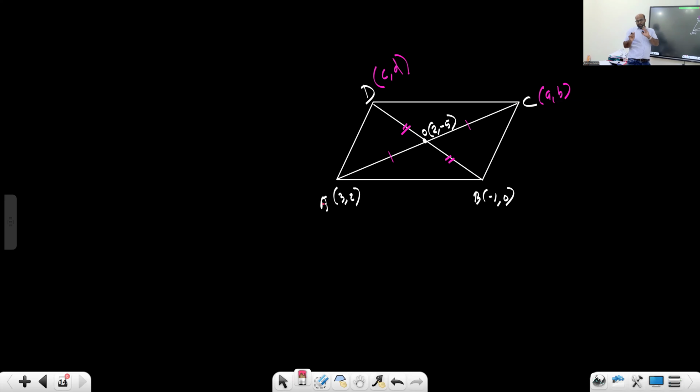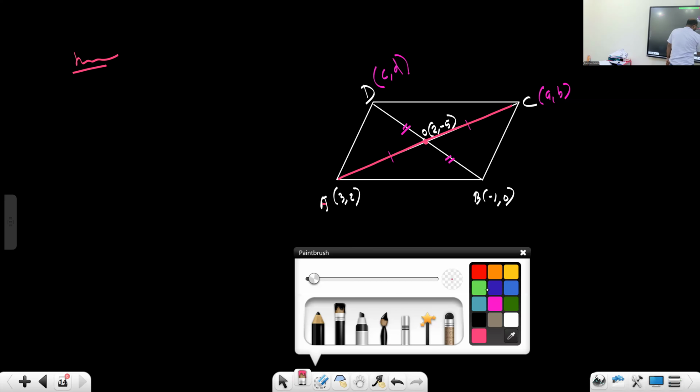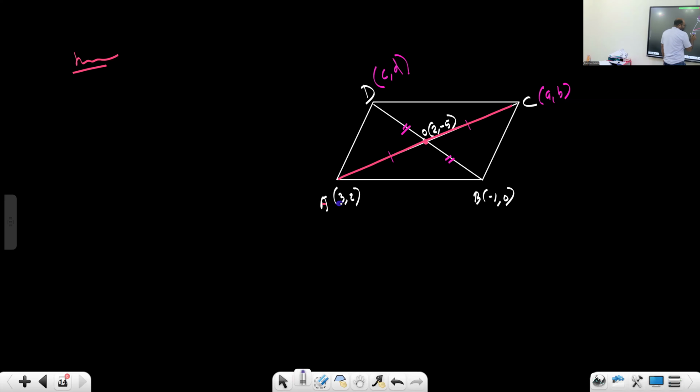Now all of you listen carefully. Don't write anything. I am applying the midpoint formula. Now this is AC, and O is the midpoint. Therefore, by the midpoint formula, some steps I'll skip. What is this? 3. What is this?